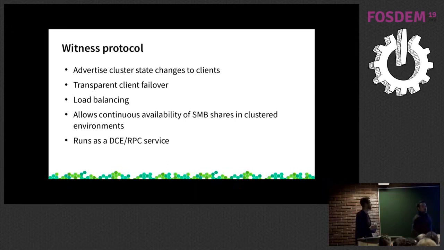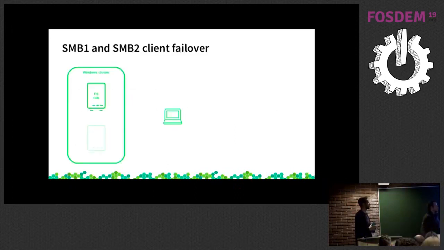So before explaining how witness works, let's have a look at how failover was working in SMB1 and SMB2 clusters. In a Windows cluster, we have a server that is holding the file server role.